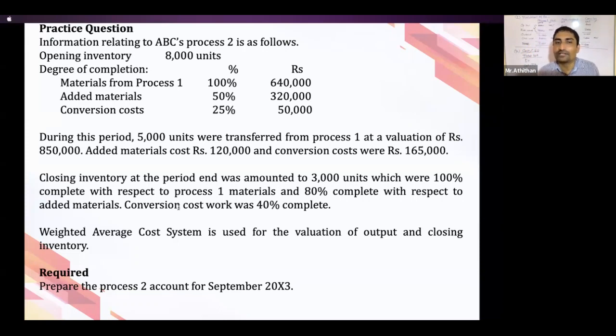Opening inventory 640,000. Right? Added material 320,000. Conversion cost 50,000.